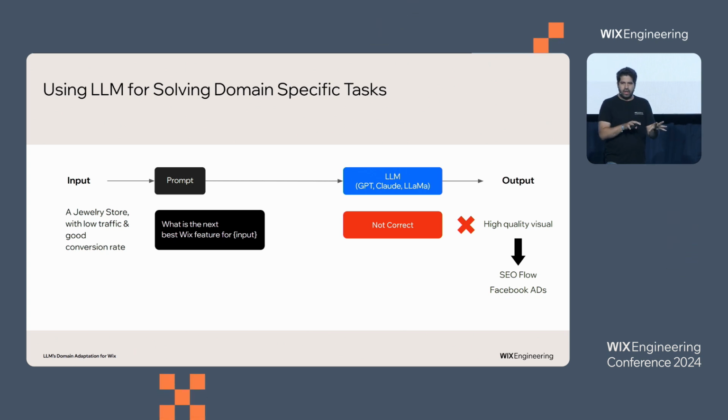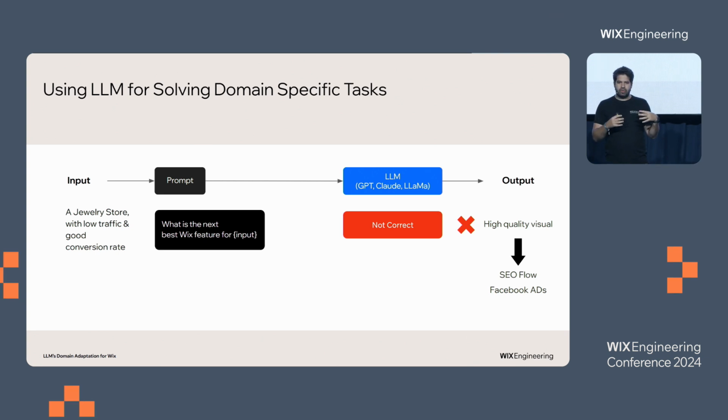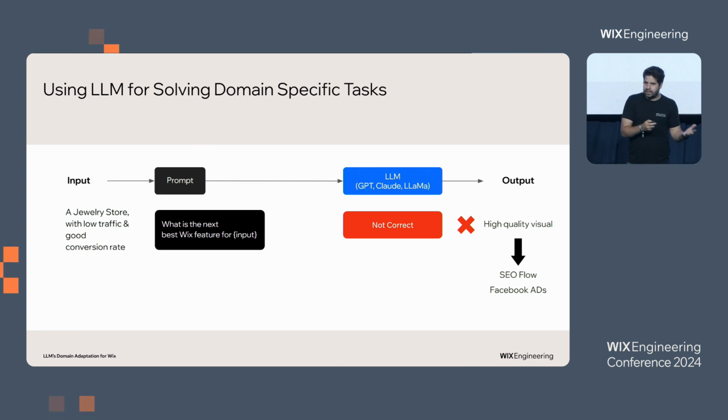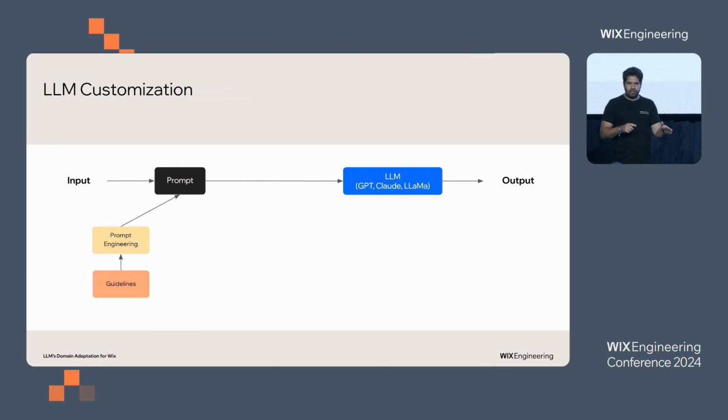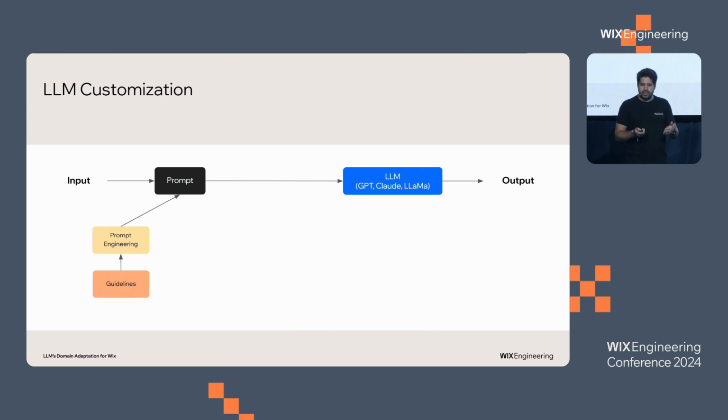This is about what we actually expect the LLMs to do. Unlike the alignment process that Maxim just talked about, where we want them to have chat capabilities and things like that, here we want to control what the LLMs actually answer, okay? So we talked about prompts and how we can customize an LLM. We can keep improving the prompt using prompt engineering with different guidelines.